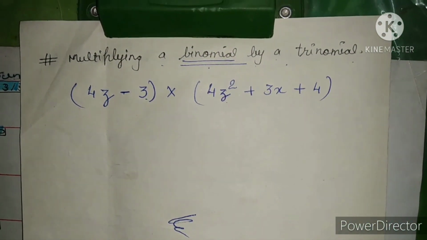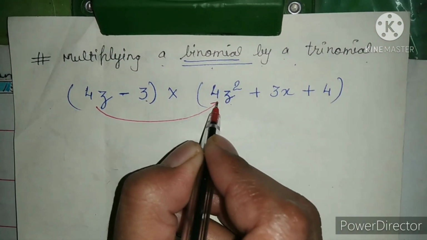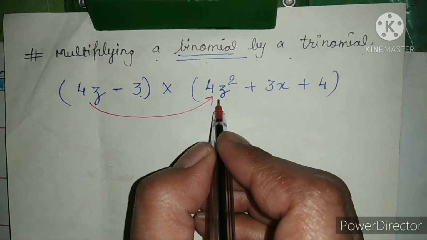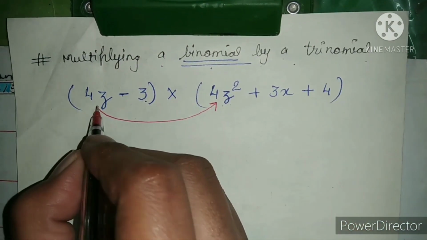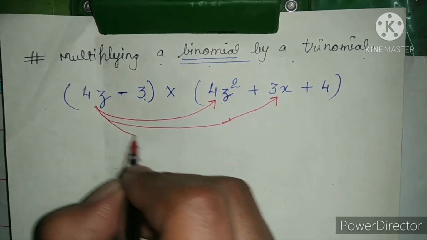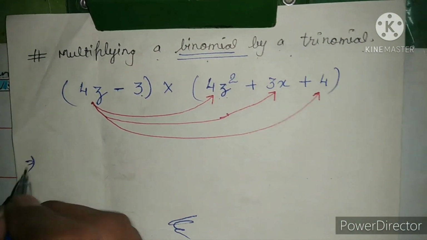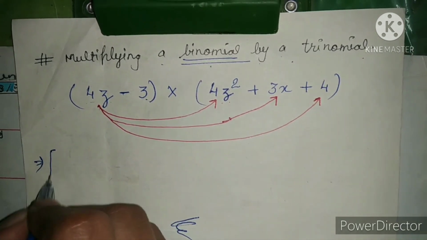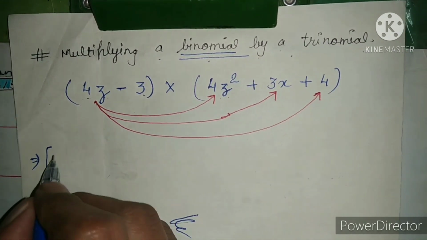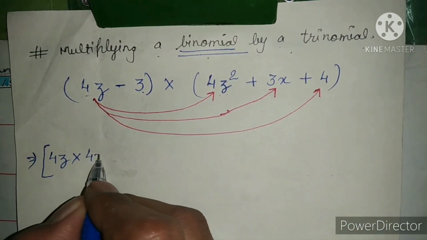Firstly, we are taking 4z. So 4z will start from the first one and go next by next. After that, it will go near to 3x. After that, it will go near to 4. So we are starting with 4z, that's why I am putting here 4z. So 4z multiplying by z square.